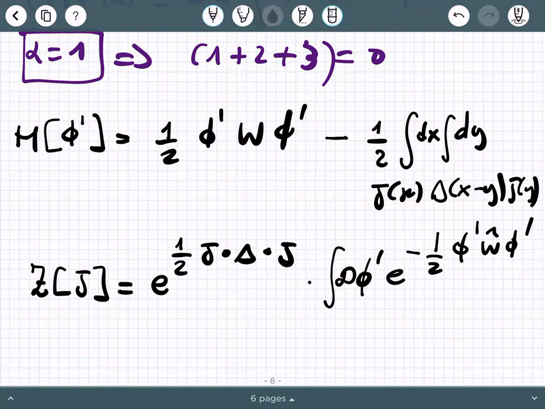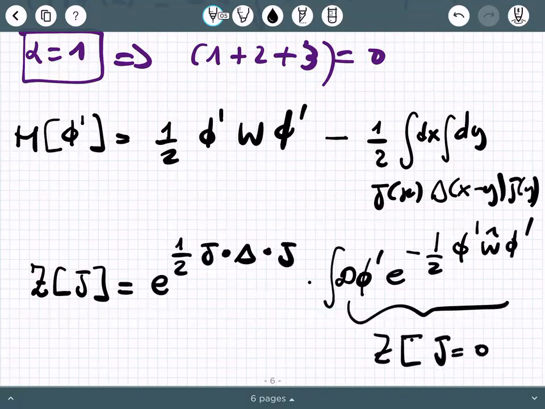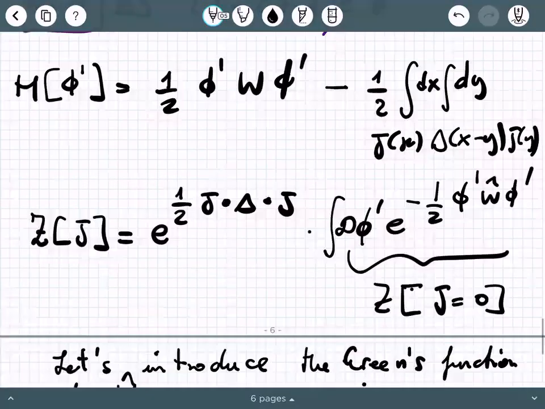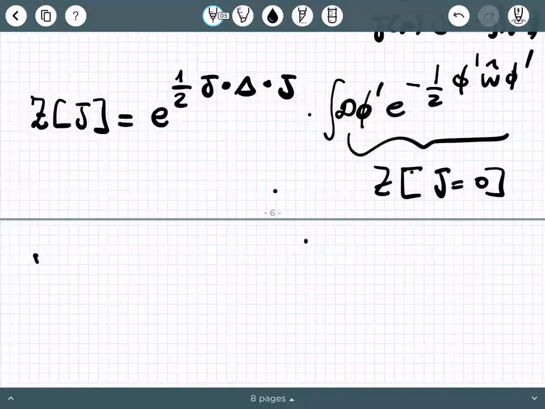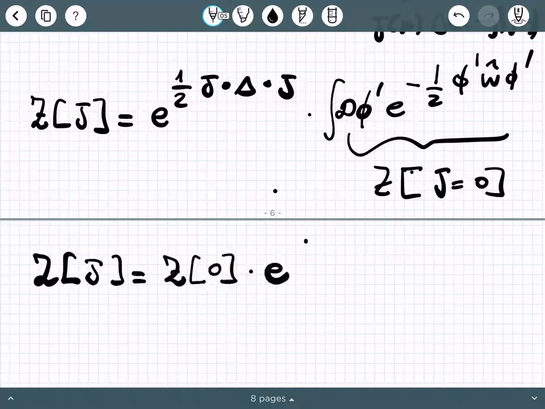Now, you see, this guy here is nothing but a partition function of my theory with no source. So I can write the following. And this is a fundamental result of field theory.